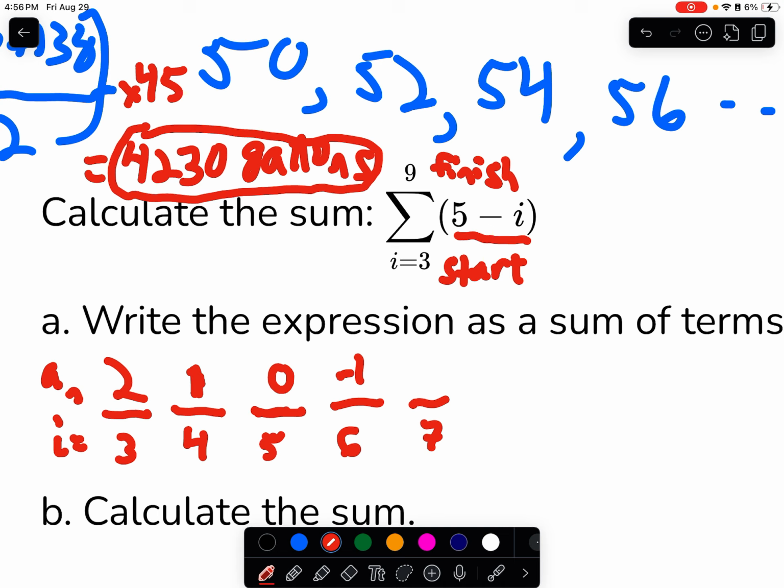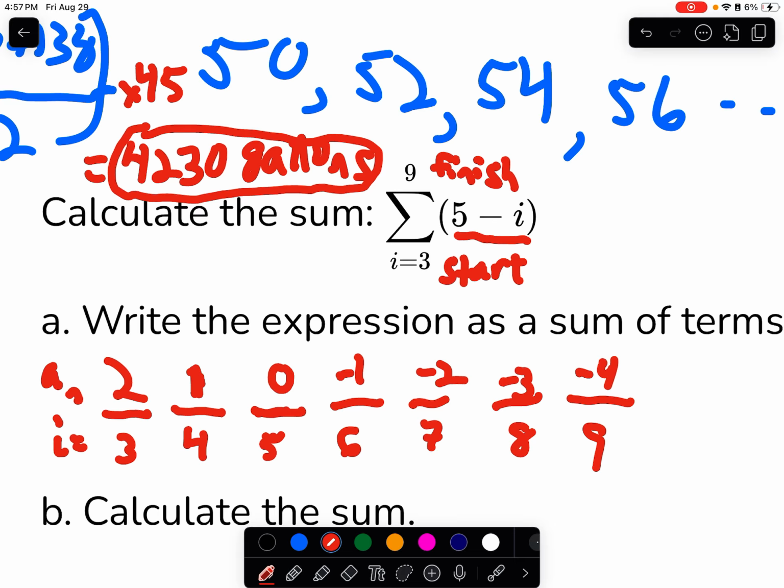For i equals 7, 5 minus 7 is -2. The eighth term, 5 minus 8 is -3. The ninth term, the last, is 5 minus 9, which is -4.